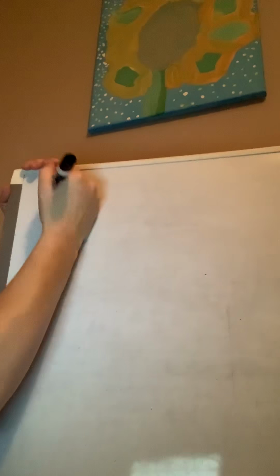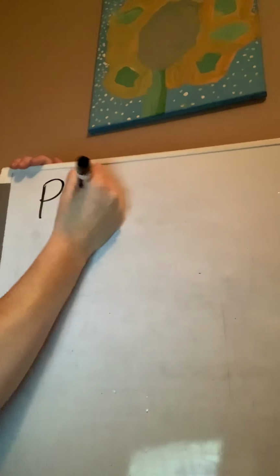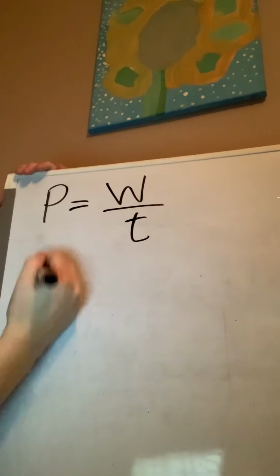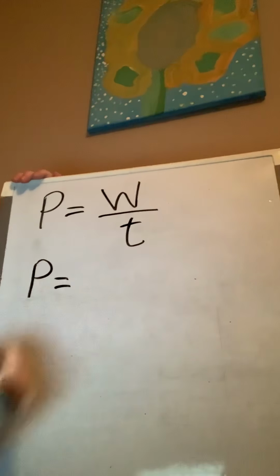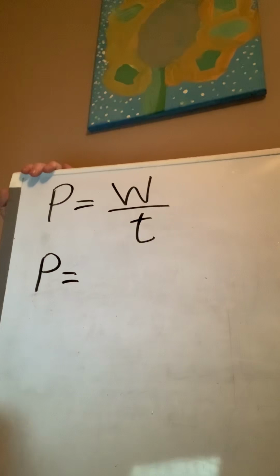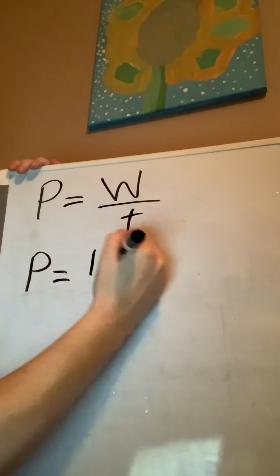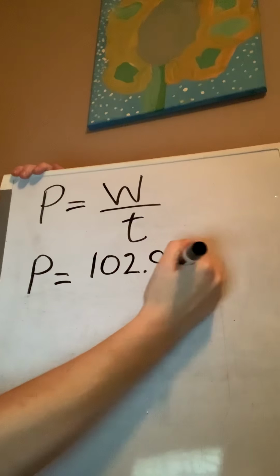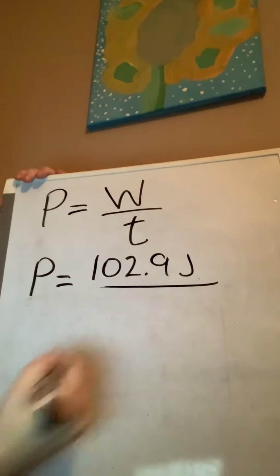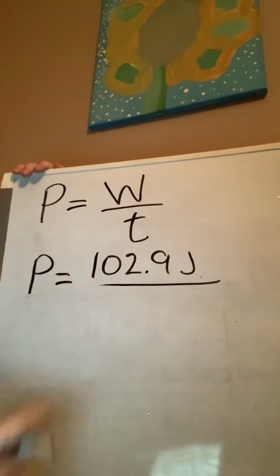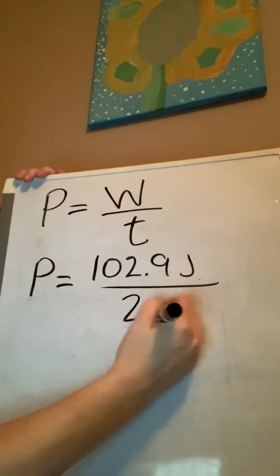So the final step in this problem is to calculate power. So power is work divided by time. Now I'm going to take the work that we calculated just a minute ago, which was 102.9 joules, and divide it by the time that we were given in the problem, which is 2 seconds.